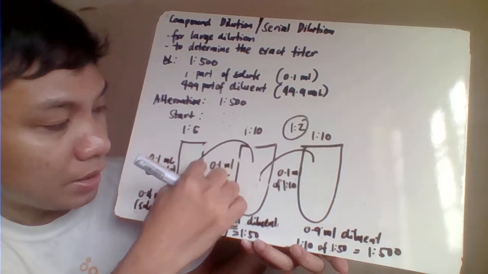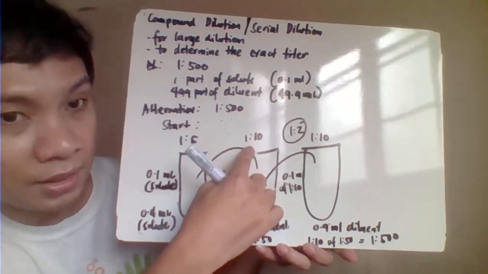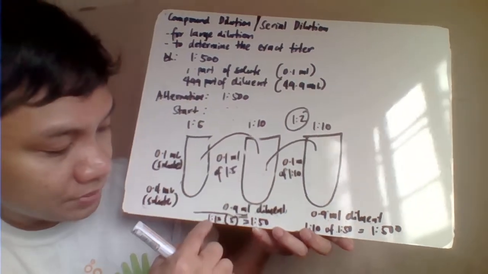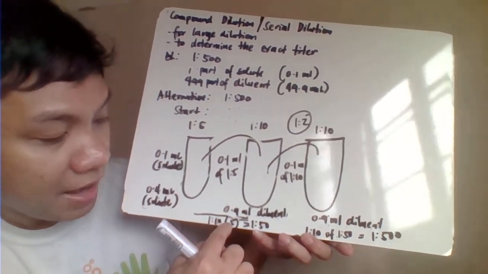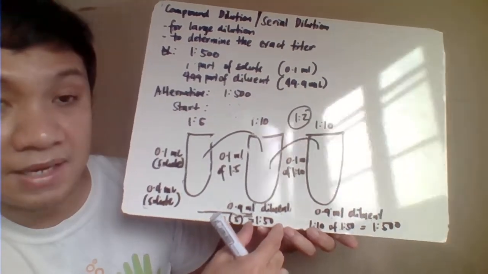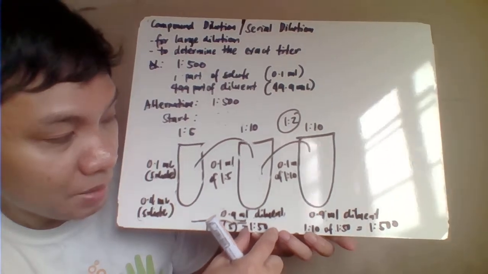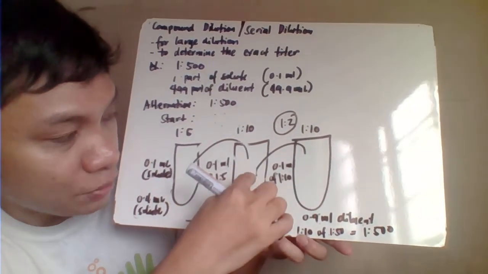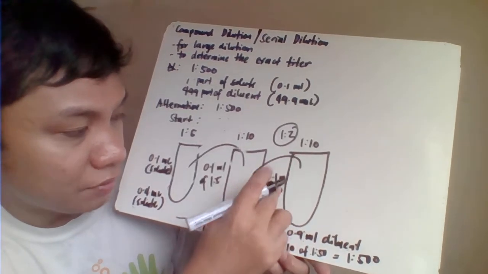Pag kumuha ka ng 0.1 ml nito plus 0.9, that gives you 1:10 na dilution. Since this is coming from your 1:5, 10 times 5 gives you a 1:50 na dilution. Then tube number 3, kukuha ka ulit dito ng 0.1 ml ng ating 1:50 already.